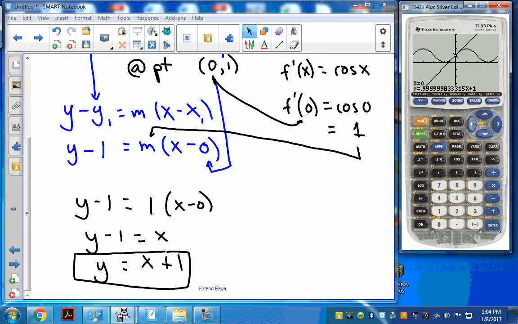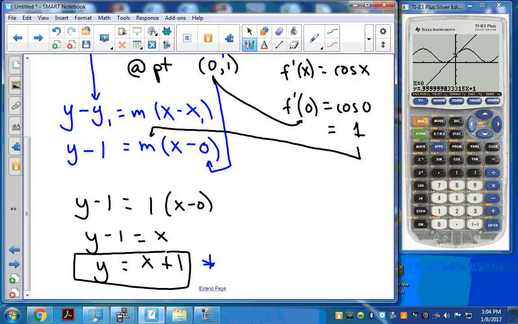So there it is, and again, you see the equation of the tangent line on the bottom. Y is equal to 0.999999. Well, that's wrong. It really should be y is equal to 1x plus 1, and that's what we have down here. Okay, so we can get the equation of the tangent line pretty easily.